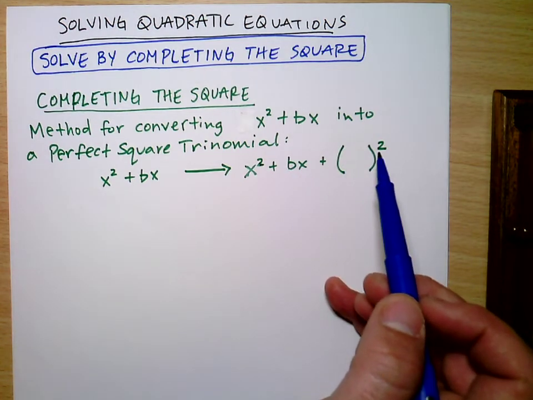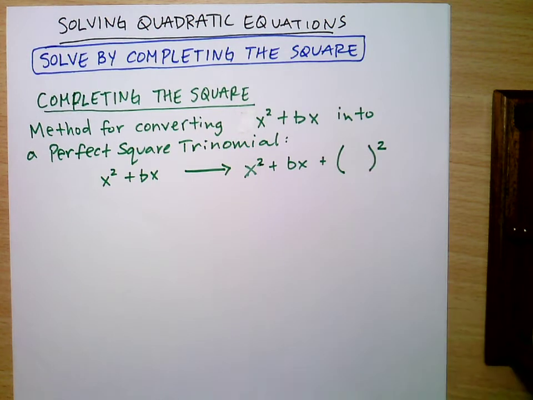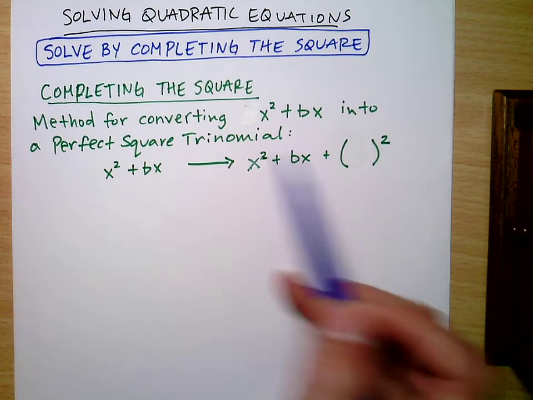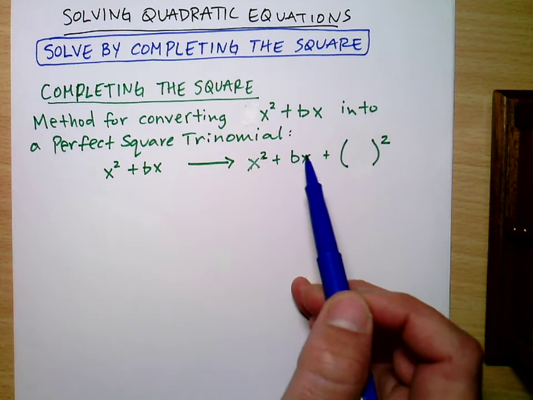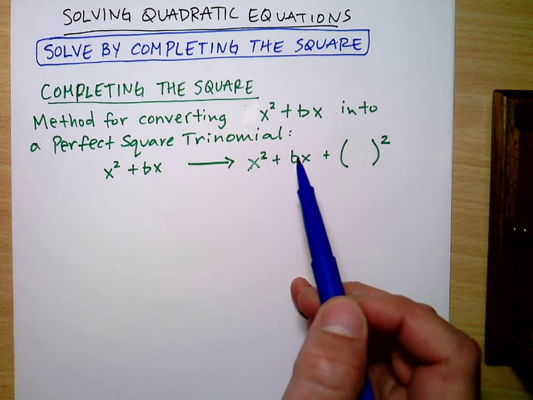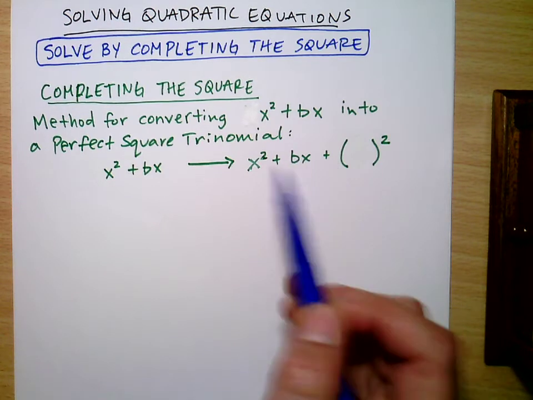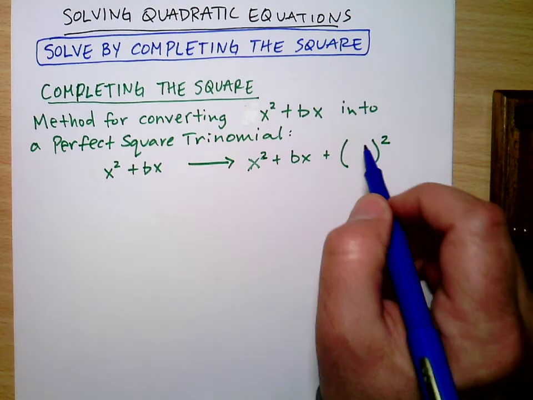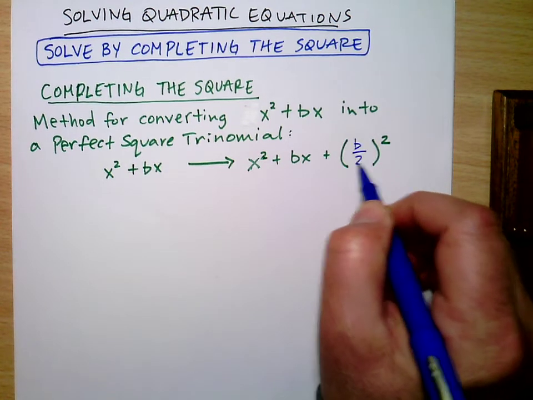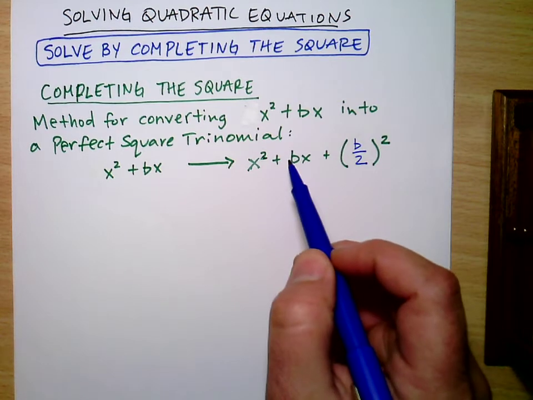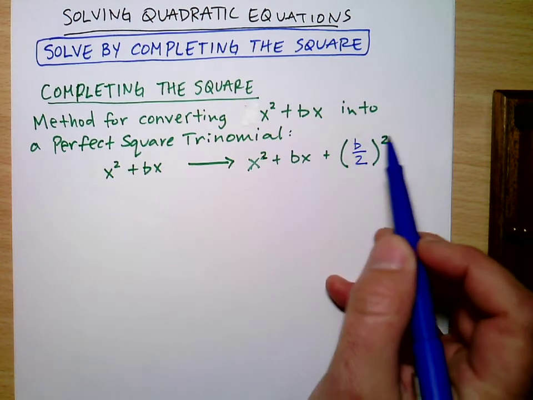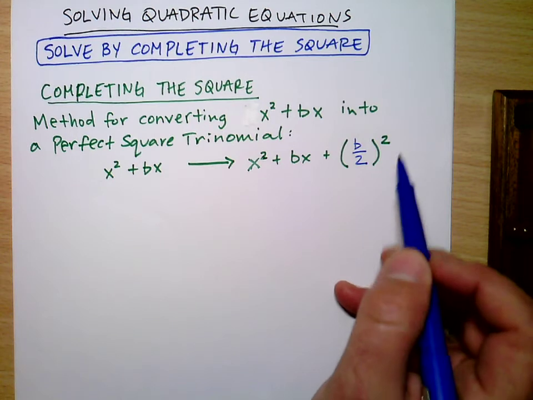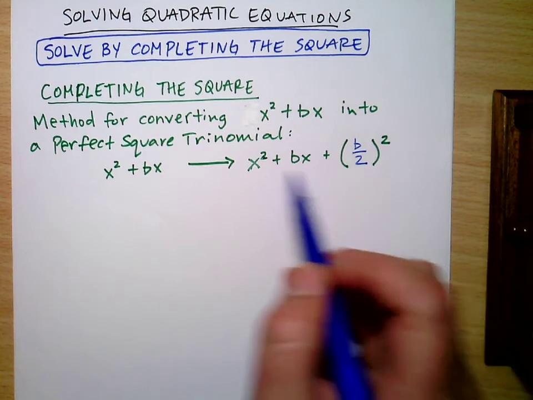That's the form of a perfect square trinomial, where the middle term is twice the product of the square roots of the other two. What is this term here? I'm just going to tell you it's b over 2, this b divided by 2, and then we square it. That's the constant term that makes this a perfect square trinomial.